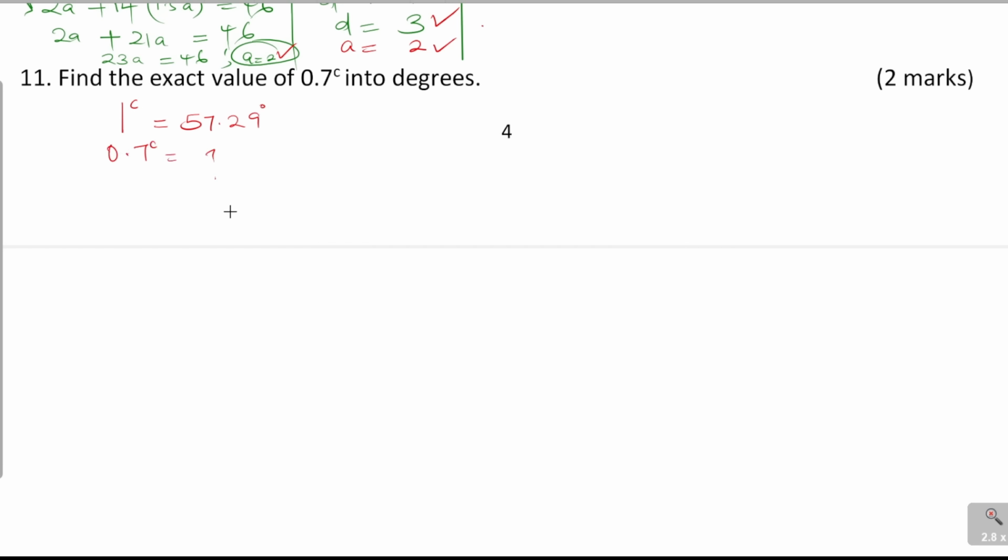You just need to multiply these. 0.7 times 57.29, and this gives 40.103 degrees.